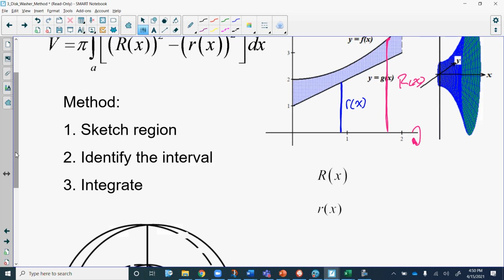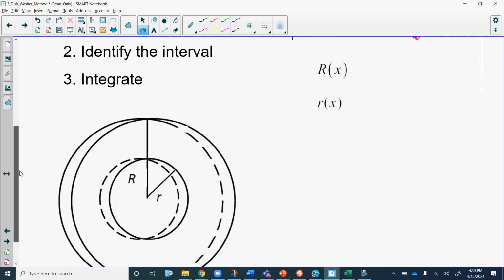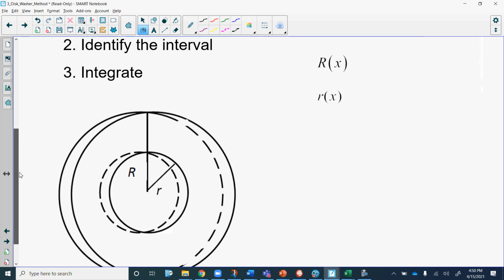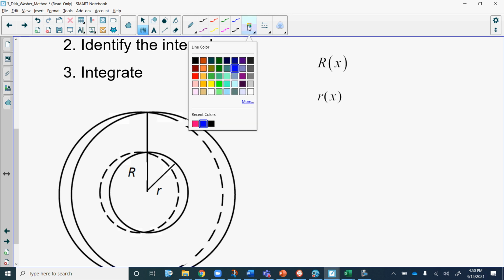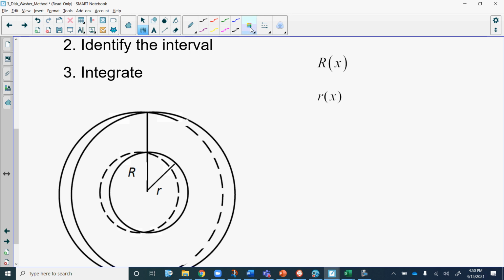Here we can see a little more what a washer looks like and how we're getting the difference between a big R and a little r. So a big R you can think of as the outer radius, and the lowercase r would be the inner radius.